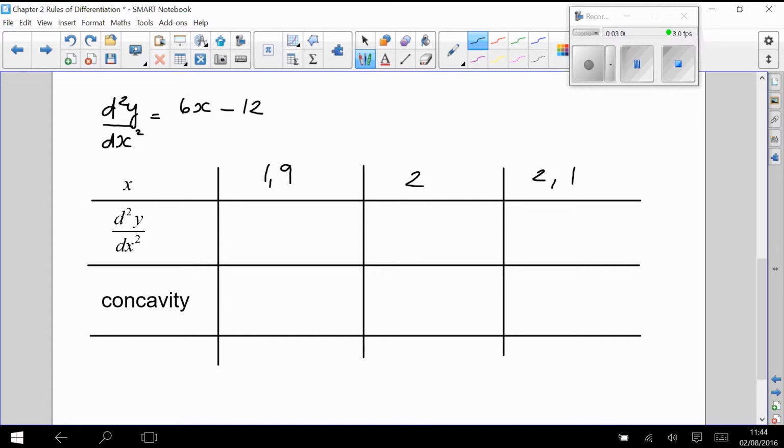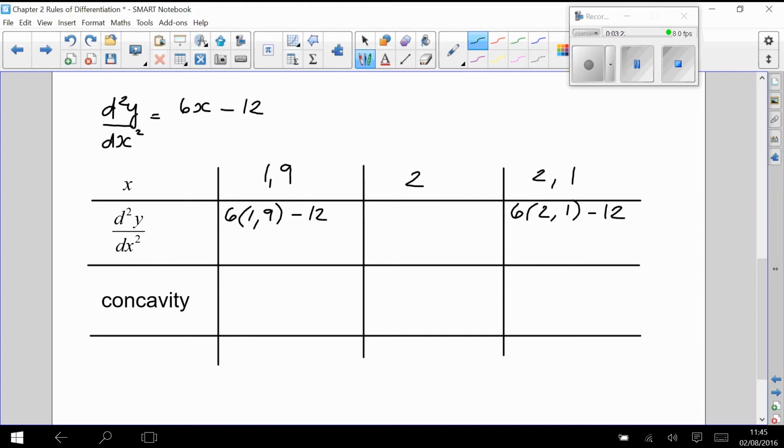In other words, work out the answer for 6 times 1,9 minus 12 and see what your answer will be. Then do the same for 2,1. Take your second derivative and substitute in 2,1 in the place of x, and also look for your answer.